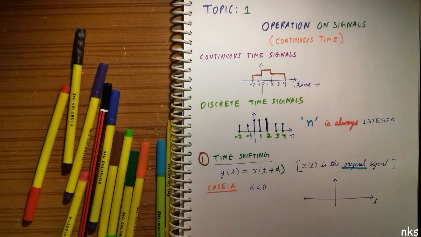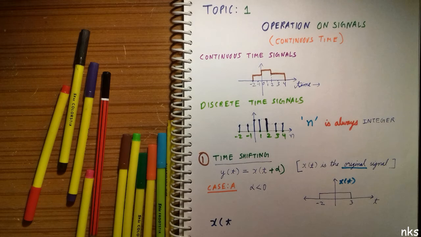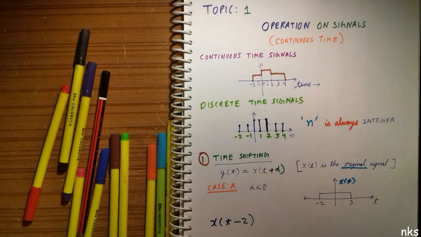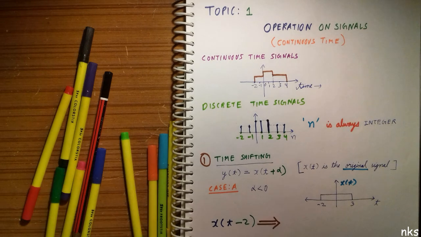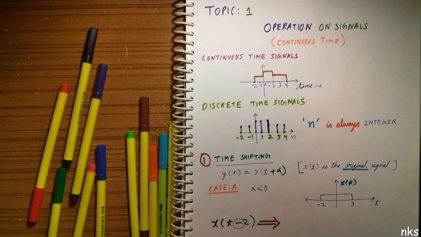So let me draw x of t as shown on the screen. Now x of t minus 2. As alpha is less than 0, I have taken minus 2. So I will draw the waveforms. Note that there is a minus 2, and minus means plus. So I am drawing it with a pencil.